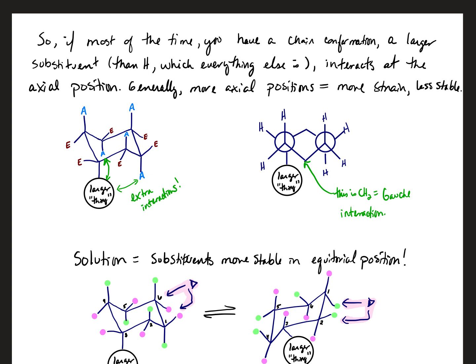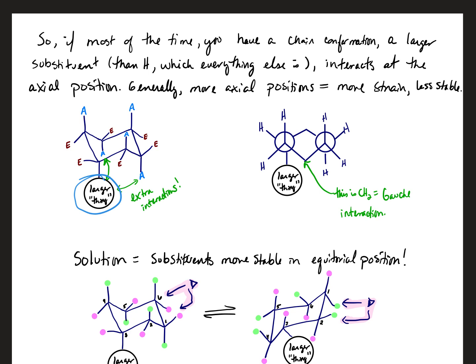So looking at a chair conformation, we have to kind of figure out what's going on when we have a substituent. Substituents that are not hydrogen are obviously going to be larger than hydrogen because hydrogen's the smallest atom that we have. So let's look at the two options. We could either have a larger substituent right here at the axial position, or we can have it at the equatorial position.